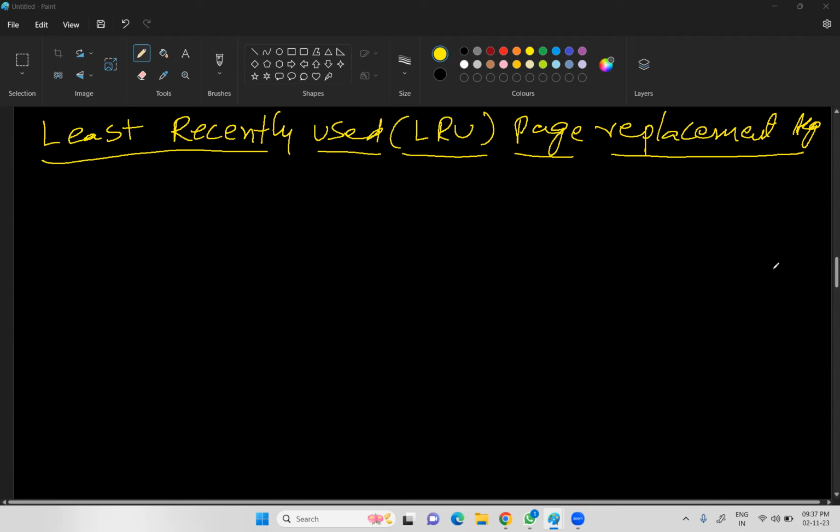So what exactly is it going to do here? Replace the page that has not been used.